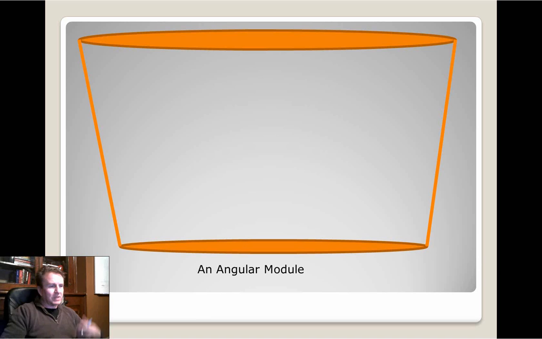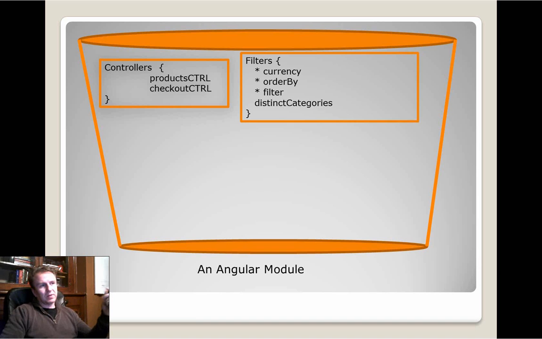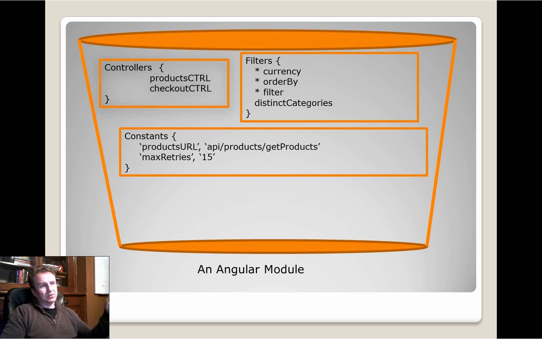For example, in a module we can put our controllers, like a products controller and a checkout controller. We can put in filters. There are built-in filters, like the order by filter and the filter filter, and we'll be building our distinct categories filter and putting it into our main module. There are constants, so throughout your application you can ask the module to get you the products URL constant.